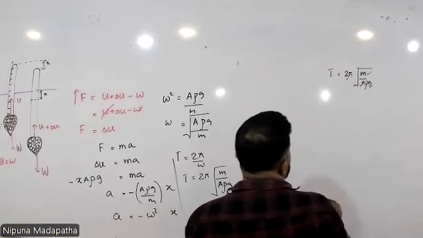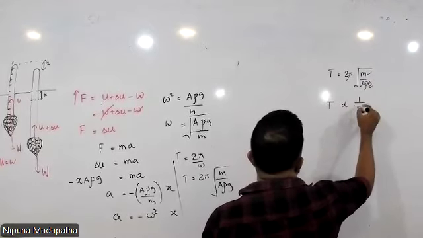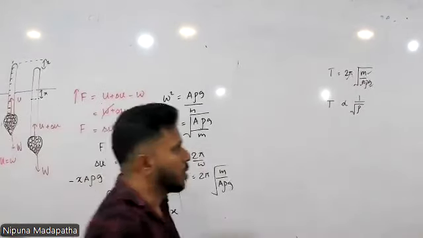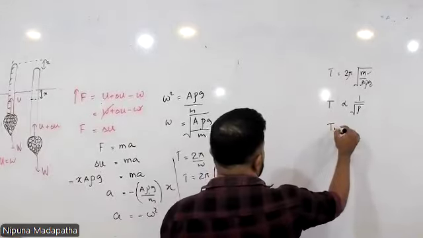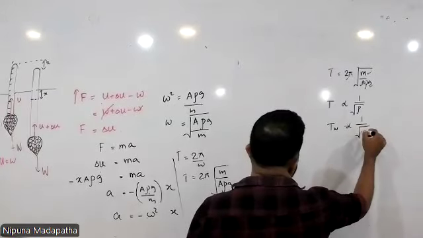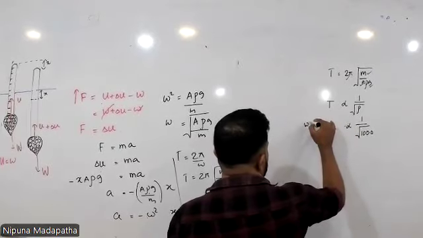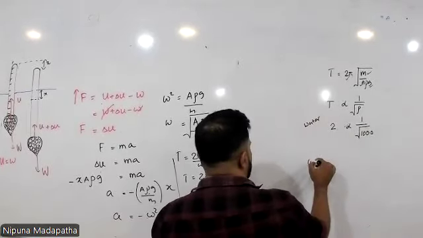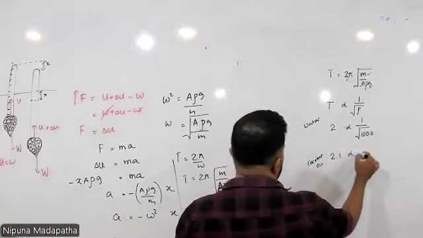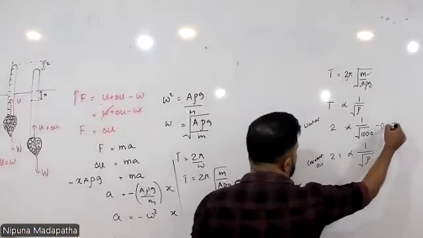In both situations they are equal. So the time period is proportional to 1 over the square root of density. For water, the time period is 2 seconds and the density of water is 1000. For coconut oil, the time period is 2.1 and the density of coconut oil is rho. These are the two expressions.